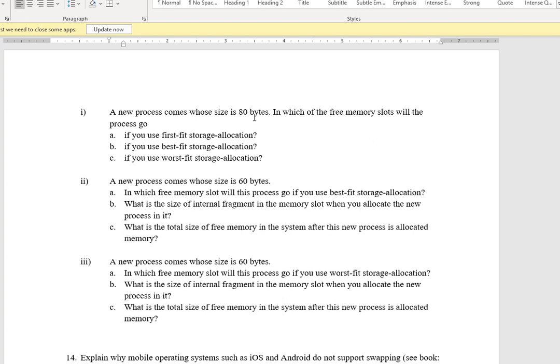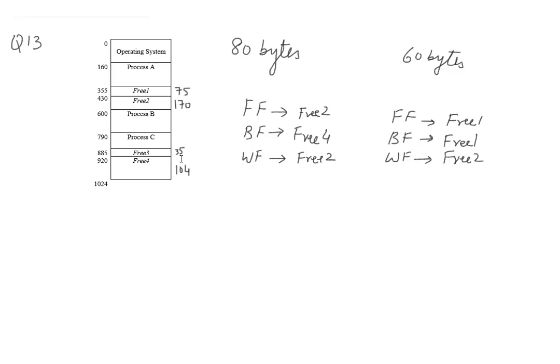So there is a process which comes whose size is 80 bytes. Where will it go if you use first fit, best fit and worst fit? We have free 1, free 2, free 3 and free 4.